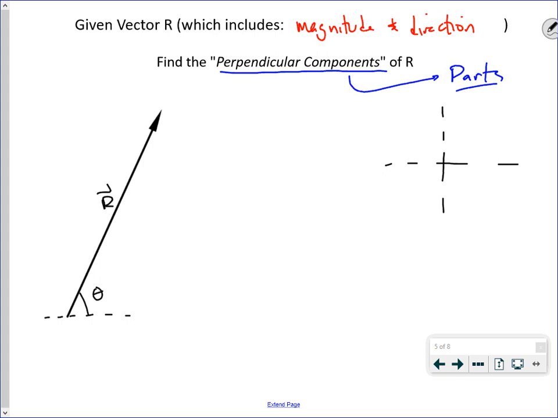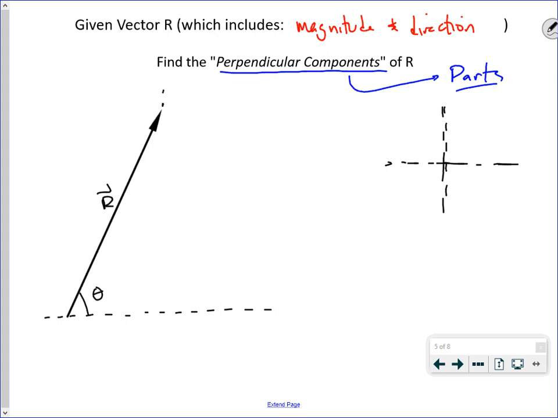If we use that kind of standard directional orientation, there's only one set of vectors that point along those directions that could make up vector R. And so quite literally, if we want to know what we call the horizontal component of R, the question is, how far along this axis does vector R point?